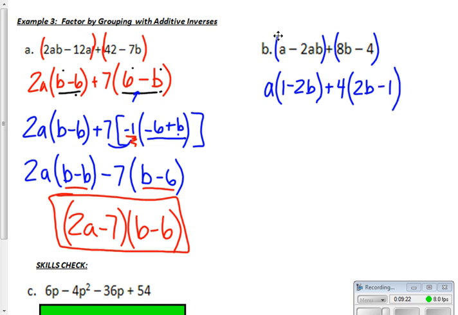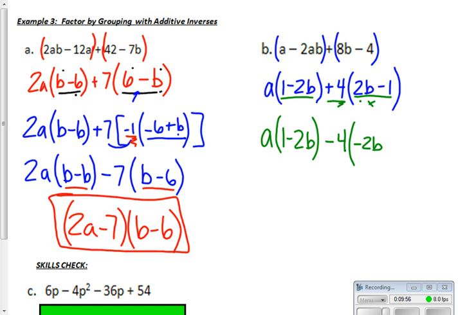So the next thing I look for is, are they identical? Well, I have a positive 1 minus 2b and I have a positive 2b minus 1, which is basically telling you that I need to factor out a negative 1 on this second set. So I would say a, parenthesis 1 minus 2b, parenthesis. I'm going to factor out a negative 1, so now this is no longer really a positive 4, it becomes a negative 4. And in my parenthesis here, I have negative 2b, right?